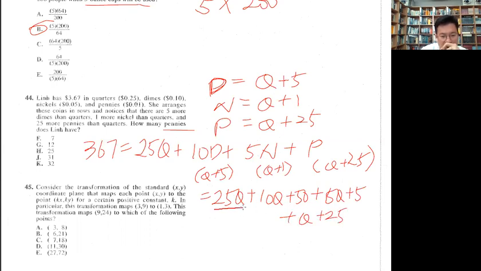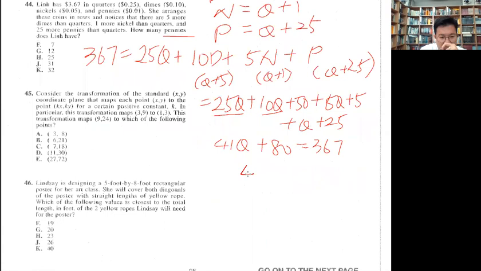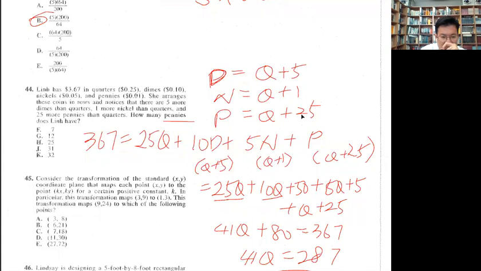So total 25, 35, 40, 41. 41q plus 80 equals 367. 41q is 287. Q is 7. Since q is 7, p is 32.